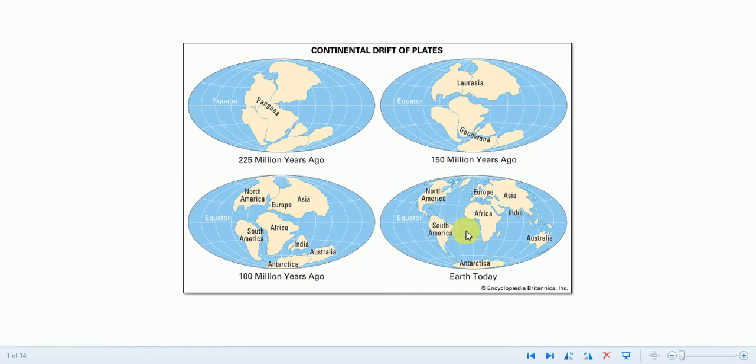And this is the present day. Here we have North America, South America, Europe, Africa, Asia, India, Australia, Antarctica. In this way, all the continents of the world were formed. This is what we call the continental drift theory.